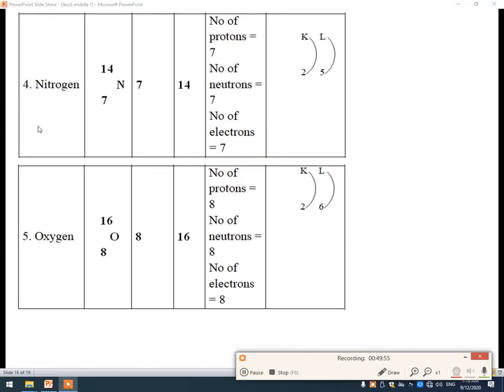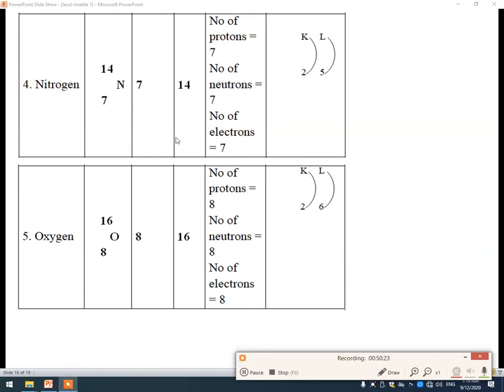Example number 4, nitrogen. Nitrogen N 14, 7. What is the atomic number? The number which is written at the bottom left, 7. The mass number, the number which is written at the top left, 14. So how many electrons do we have in nitrogen? We have 7 electrons. So how many energy levels do we need to distribute these electrons?